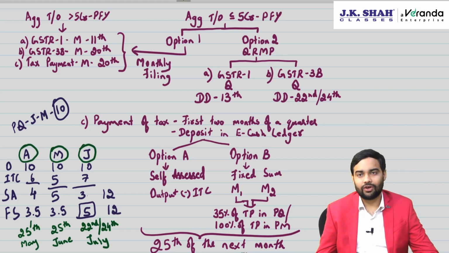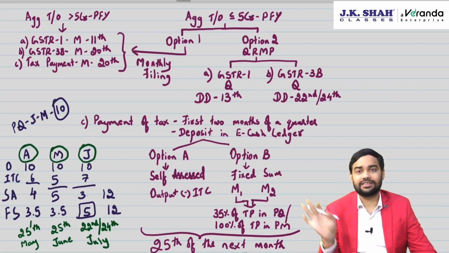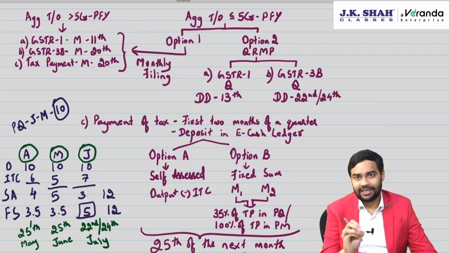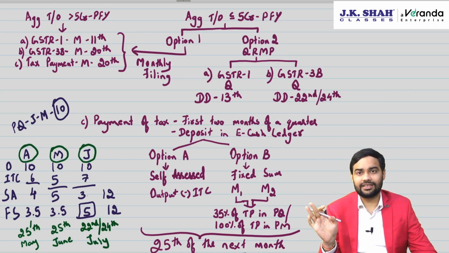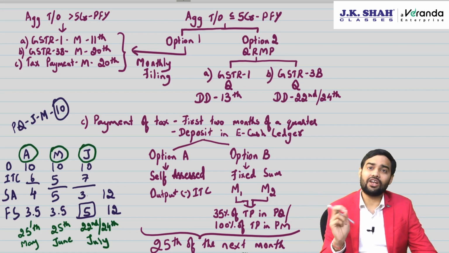No problem at all. Still interest will not be applicable because the law allows me to pay on a fixed sum basis. Plus, if I keep money in the e-cash ledger, that is also sufficient. In fact, the moment I deposit money in the e-cash ledger, interest will stop. Is it, sir? Yeah. If money is there in the e-cash ledger, even if I delay filing the GST return, interest will not be applicable for the money which is already lying in the e-cash ledger.